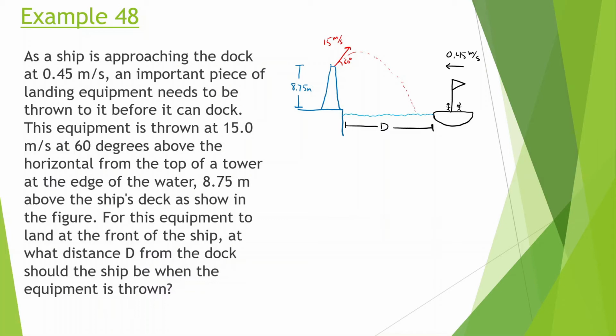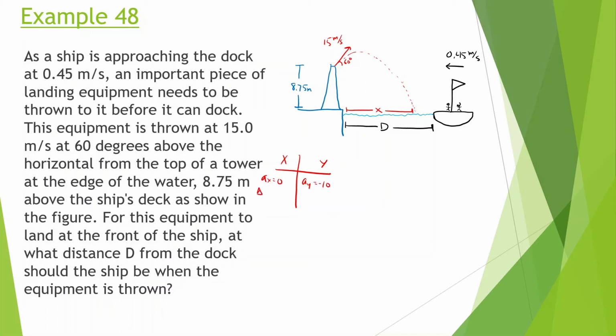And what we should know is, since the ship is going to be moving as this goes, this d is going to be more than where it should land. I hope that makes sense. If not, it'll probably make more sense later on. But we want to find out where this is going to land, so let's figure that out first. So I'm just going to do x and y. Acceleration in x equals 0. Acceleration in y, -10.